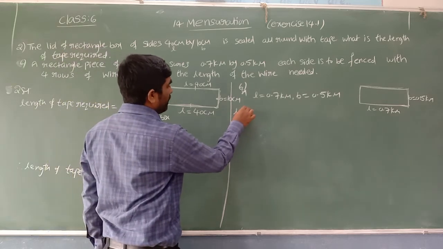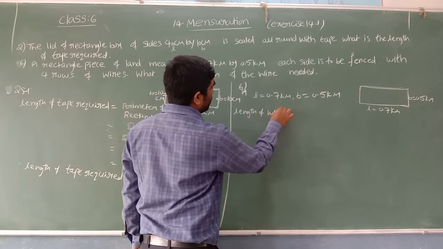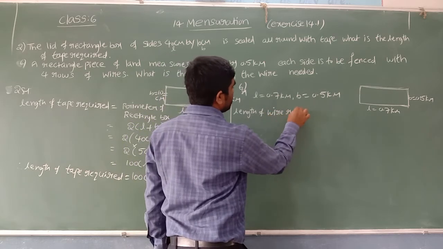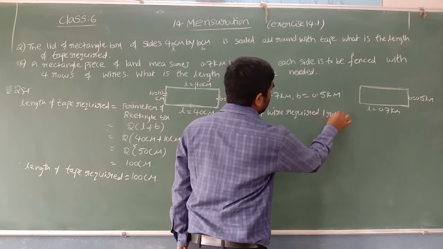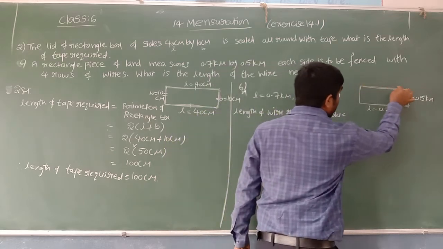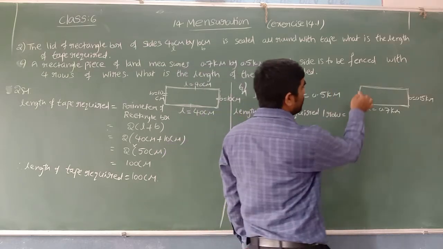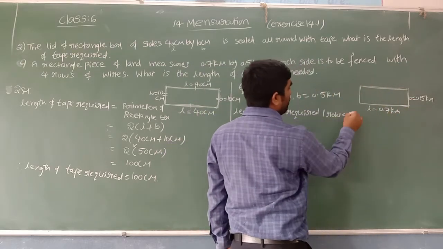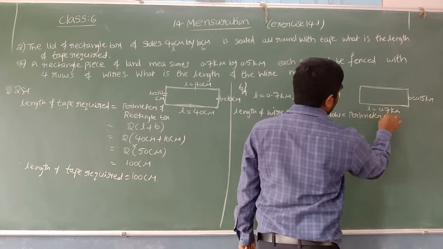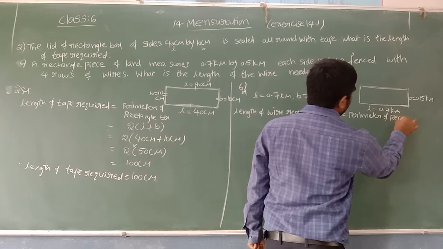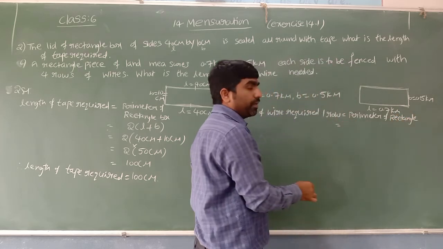To cover this boundary with wire, it is enough to find the perimeter of the rectangular land. Yes, we can find the perimeter.